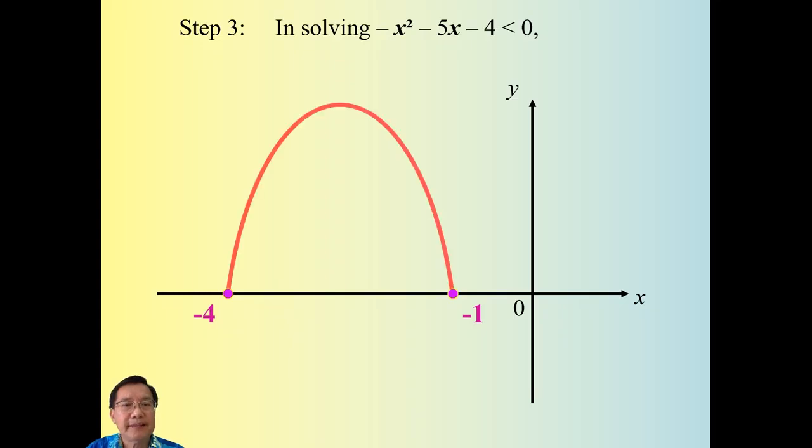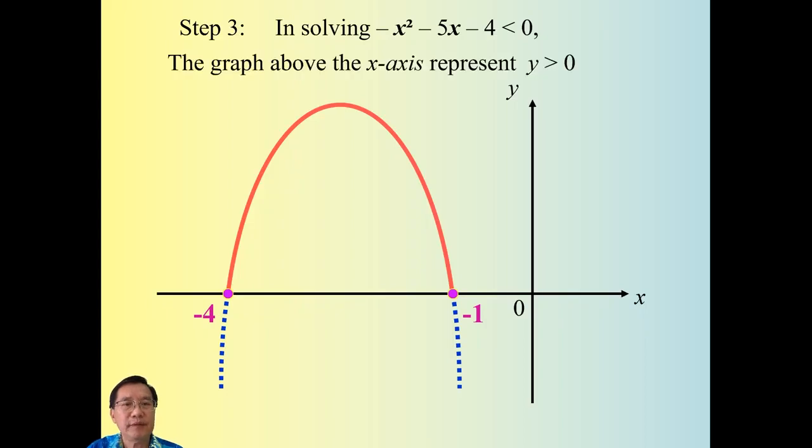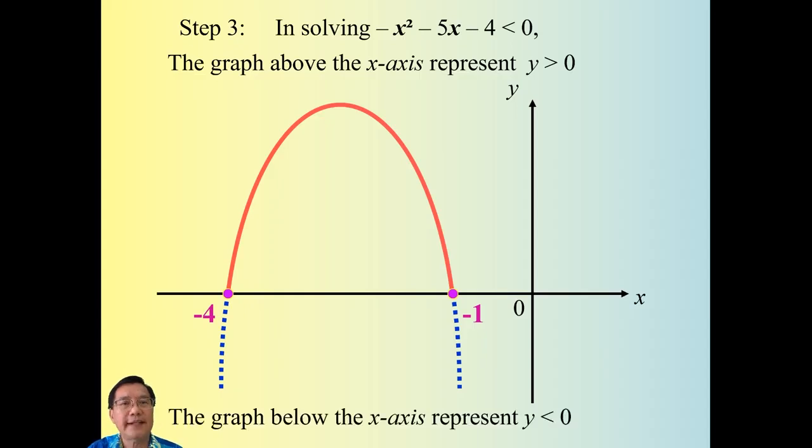Step number 3, to solve negative x squared minus 5x minus 4 less than or equal to 0, we notice that there are two parts of the graph, above the x-axis and below the x-axis. The graph above the x-axis represents y greater than 0, and the graph below the x-axis represents y less than 0.